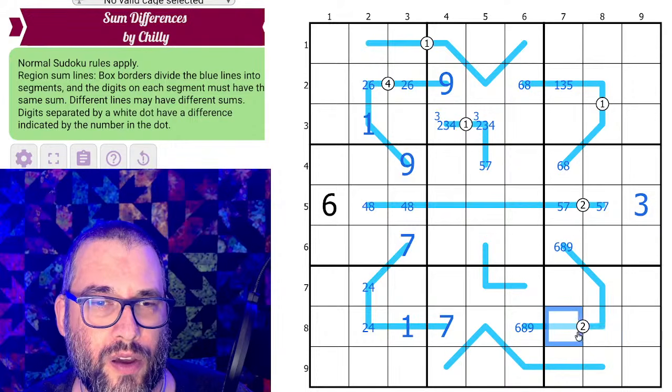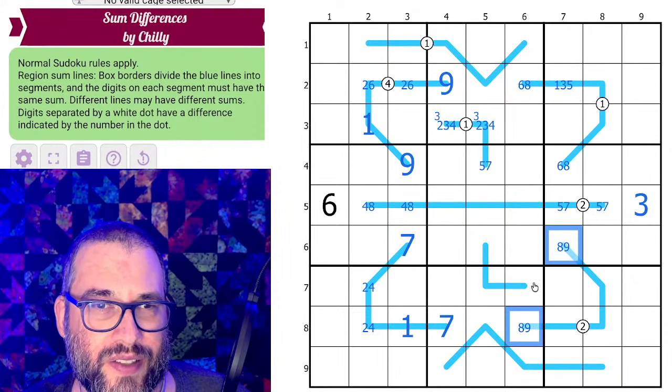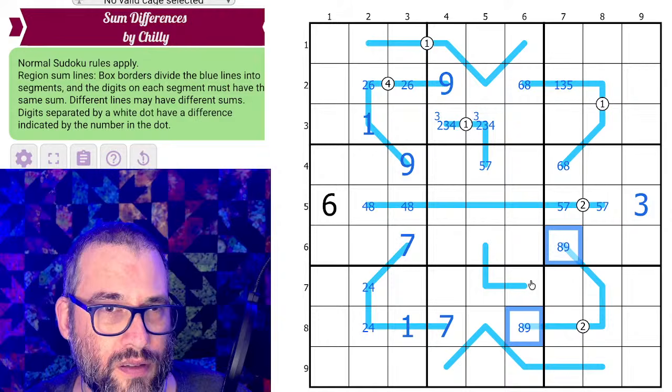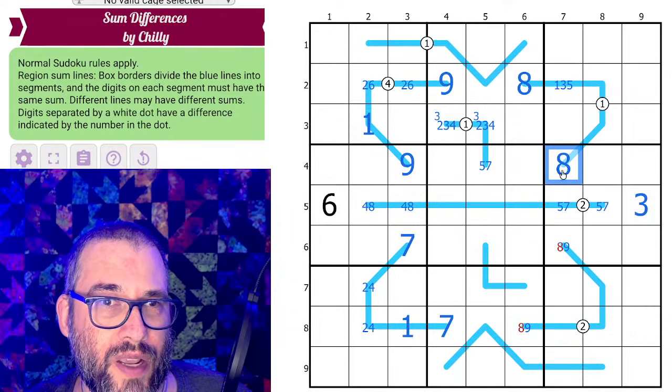With this 1 looking over at this 2 dot, this can't be 6 anymore. 2, 6 looks right, making these 8.